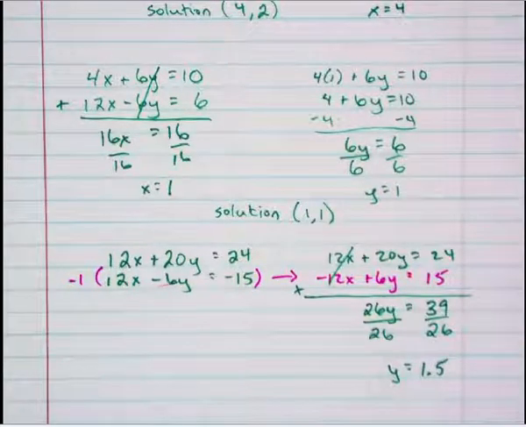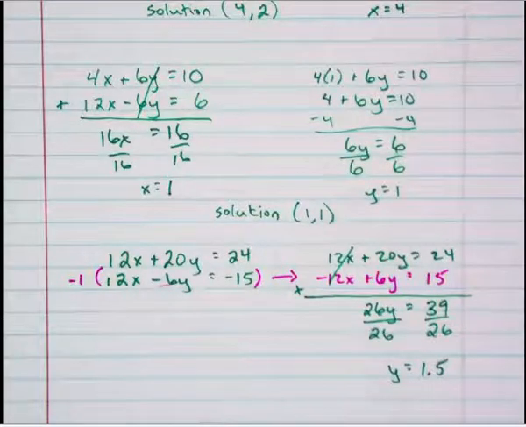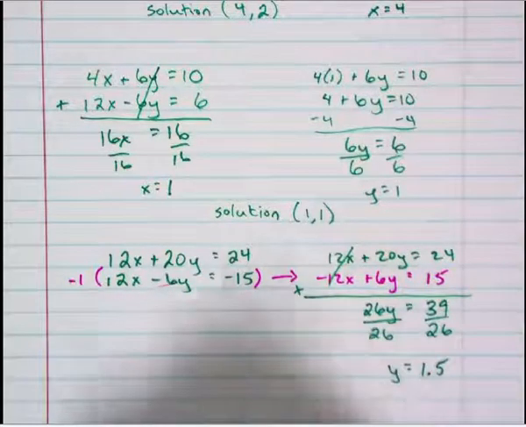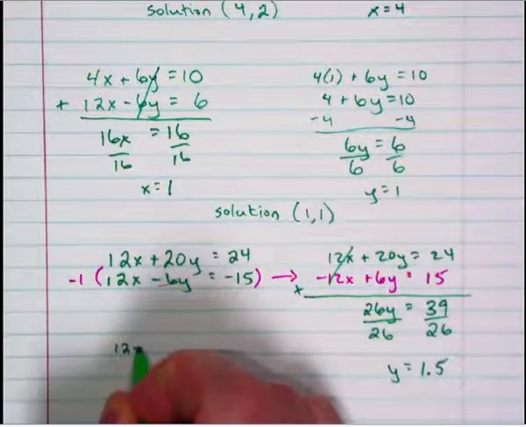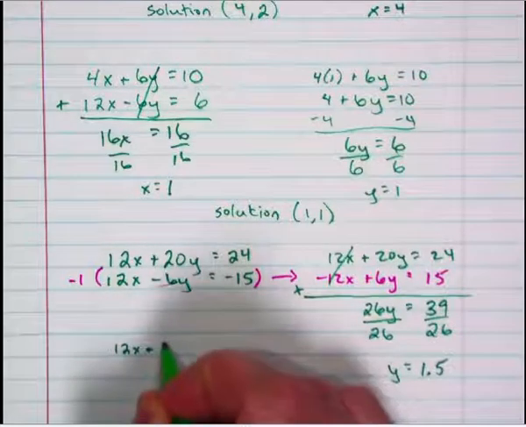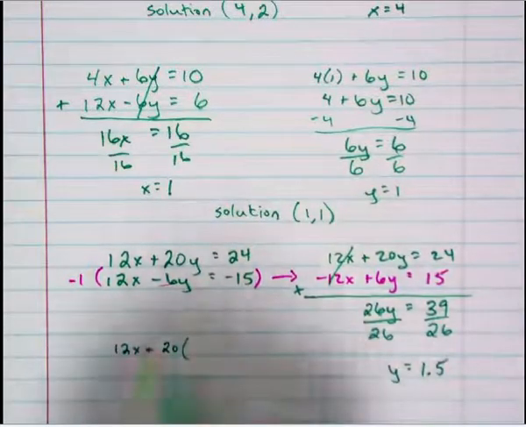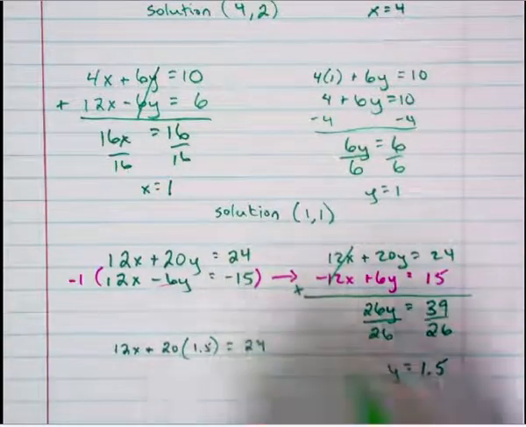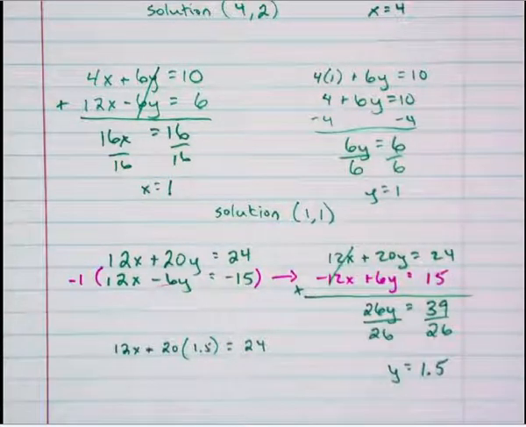So now I know y. I still need x. I'm going to go back and do it the same way I did before. I'm going to choose one of these two original equations. I like the top one, so I'm just going to do 12x plus 20, but now I know that y is 1.5, equals 24, and I solve.